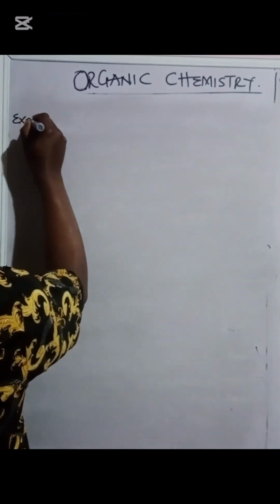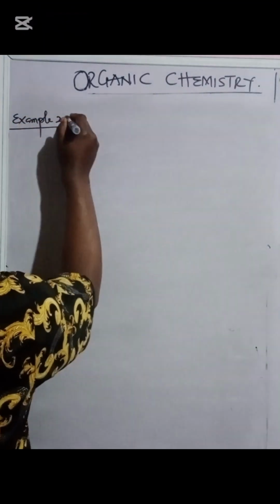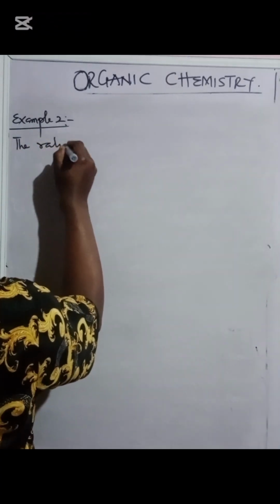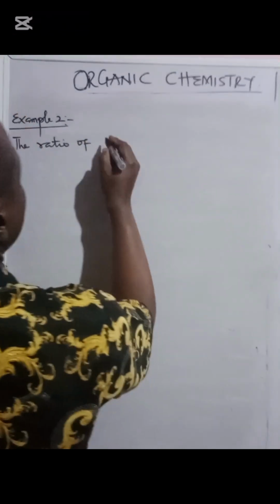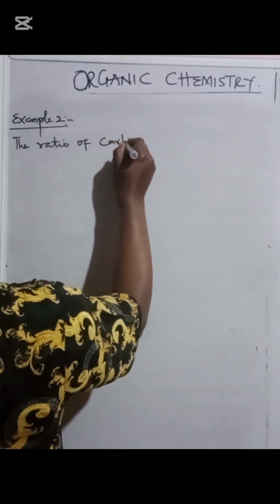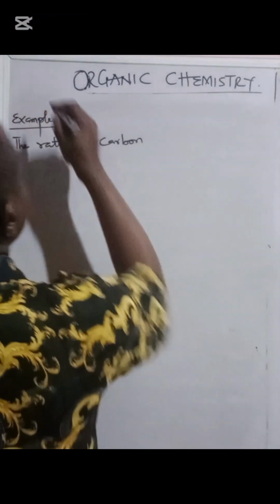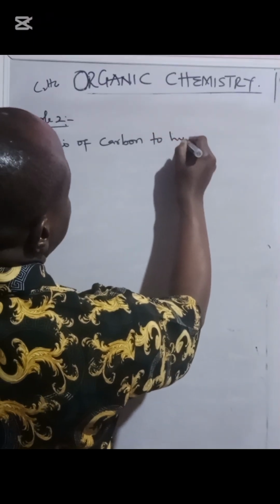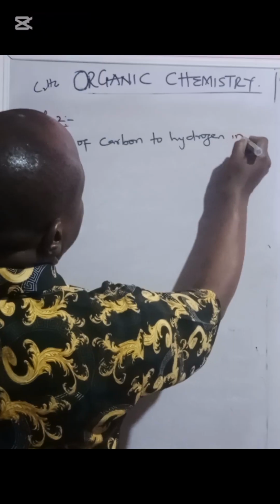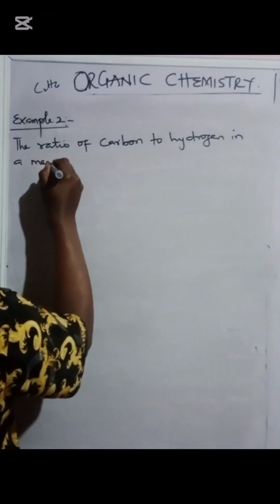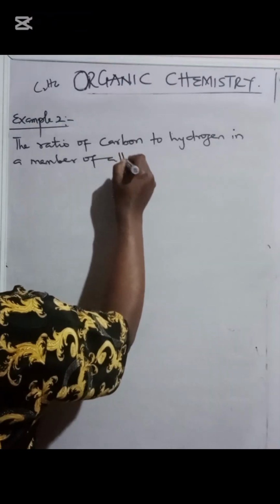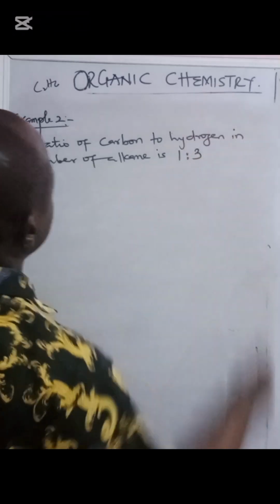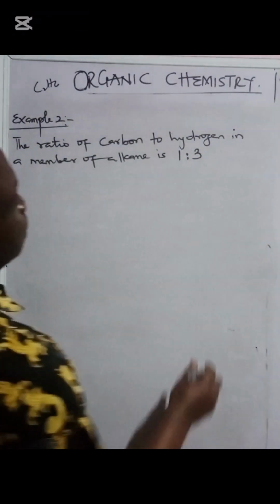Let's see example 2. The ratio of carbon to hydrogen in a member of alkane is 1:3.